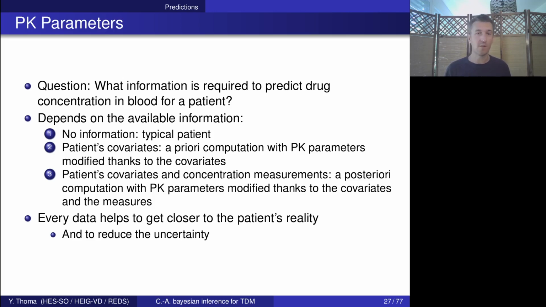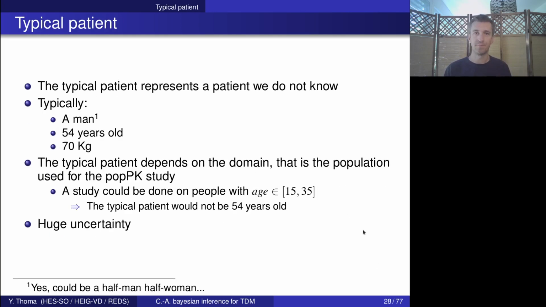That would be the sex, the age, body weight, and so on. And thanks to this, we'll have the possibility to modify these covariates. And then the idea in TDM is also to analyze the blood to get a concentration measurement. And based on this and the covariates, we'll have a more precise prediction. And so on these three types, every time we add data about the patient, we will be more confident in the prediction we will do.